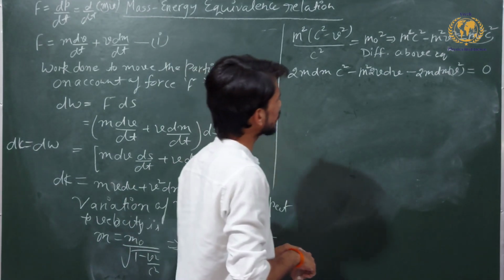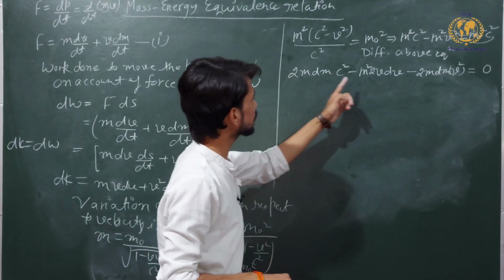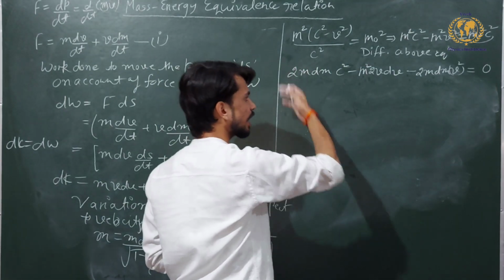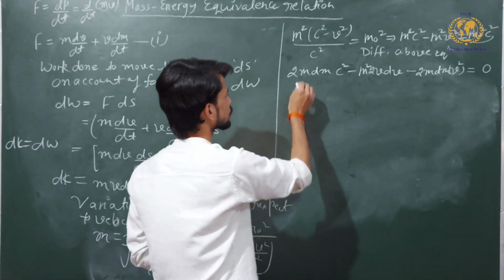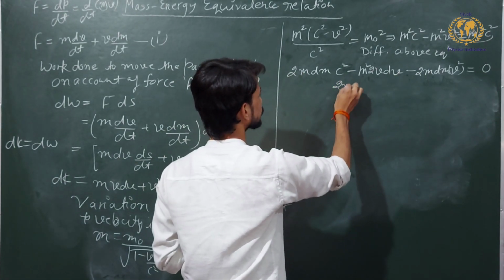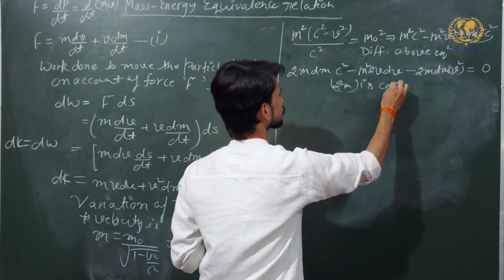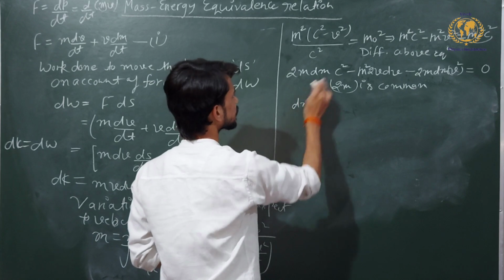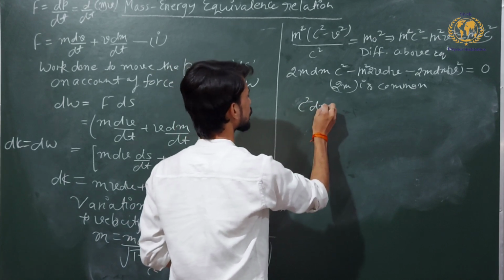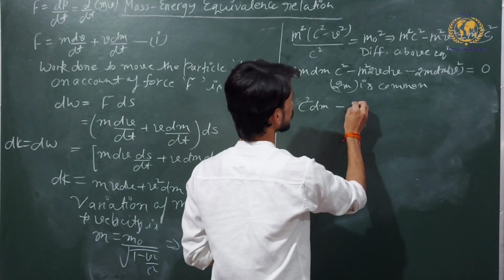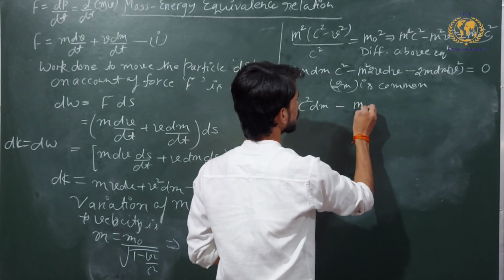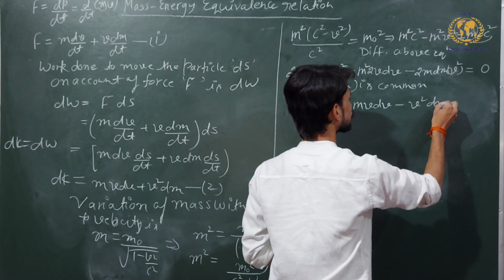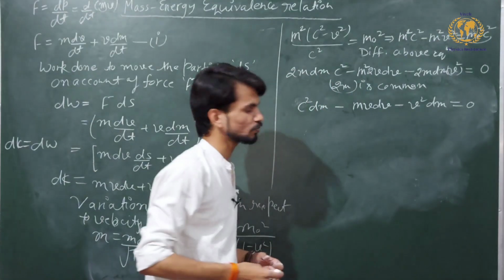Now you can easily see in this equation 2m is common in all terms, so let's take 2m as common, and the rest of the terms will be c square dm minus mv dv minus v square dm equals 0.